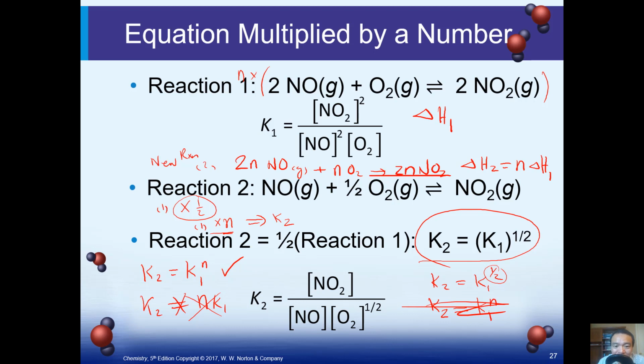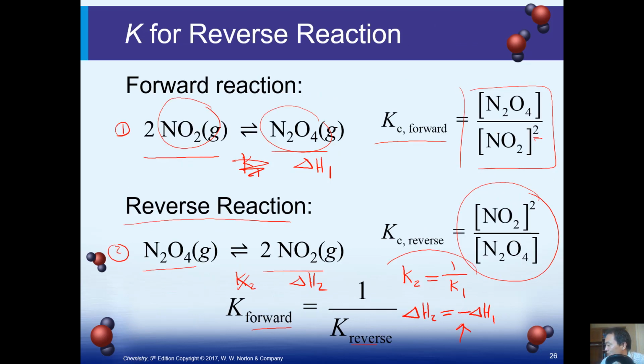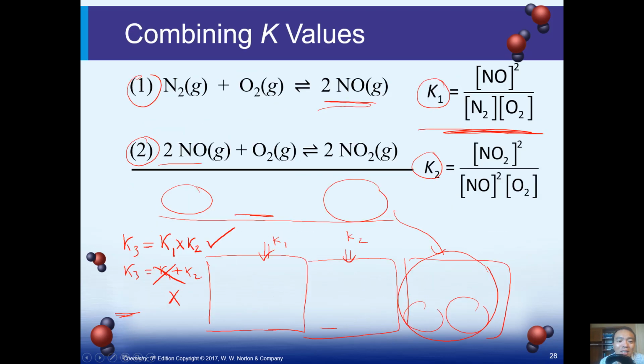So that's what you see, and we have already learned this in thermochemistry in General Chemistry 1. Compare the K relationship versus the delta H relationship. For the combination of two reactions, we noticed that K becomes the product of the original two equilibrium constants.